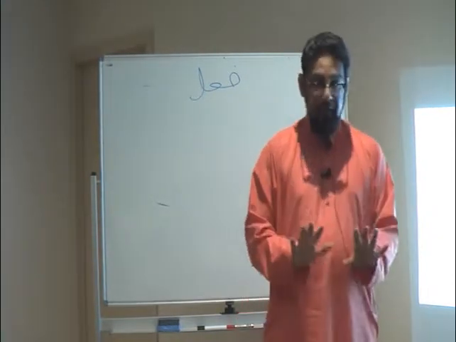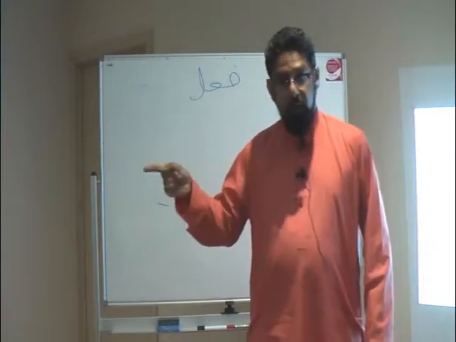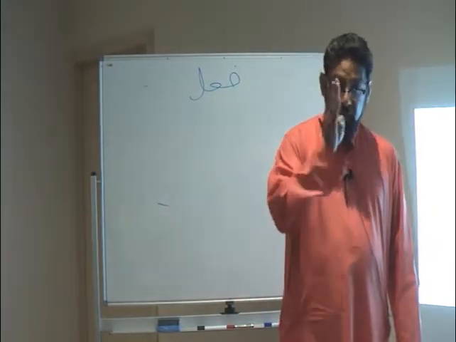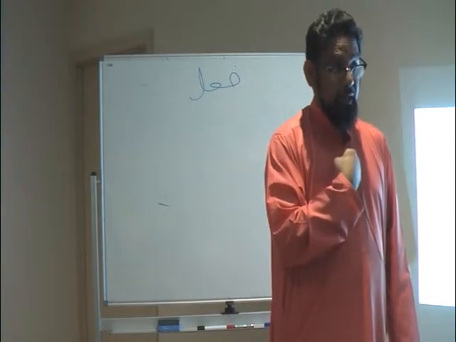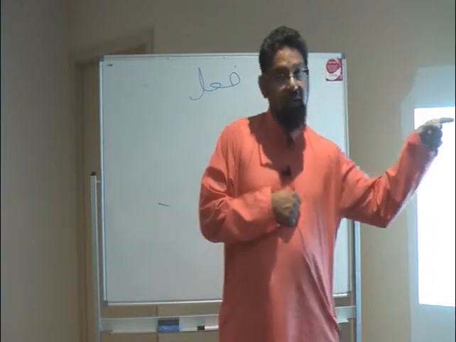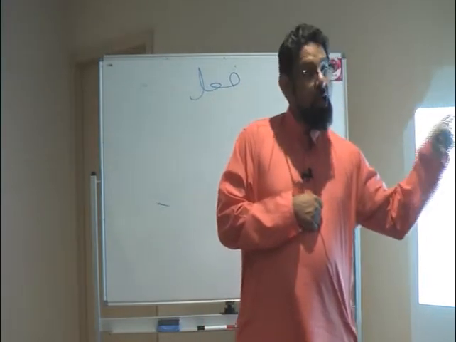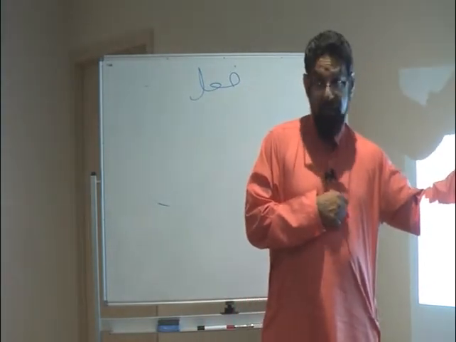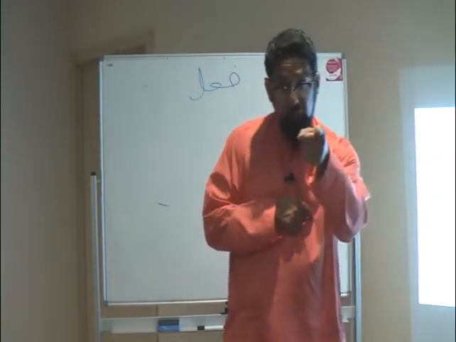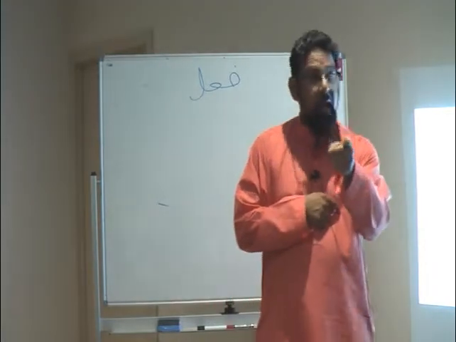Okay? So let's start again, slowly. So we talk about huwa, he. Hum, they. Anta, you. Antum, you all. Ana, I. Nahnu, we. Then onto the left. Hiya, she. Hunna, they, meaning female. See, that's female. Hunna. Anti, you, female.